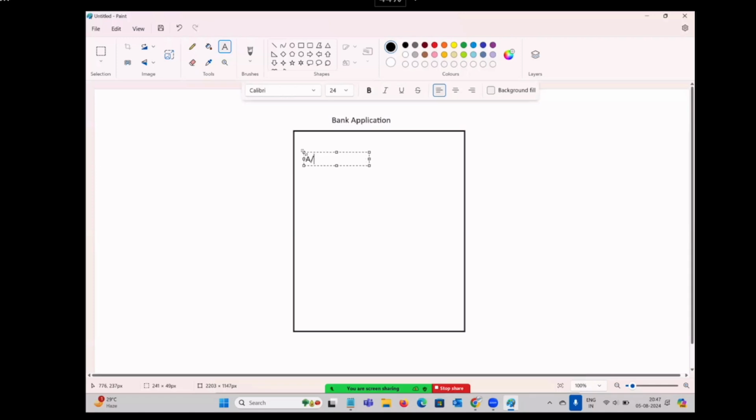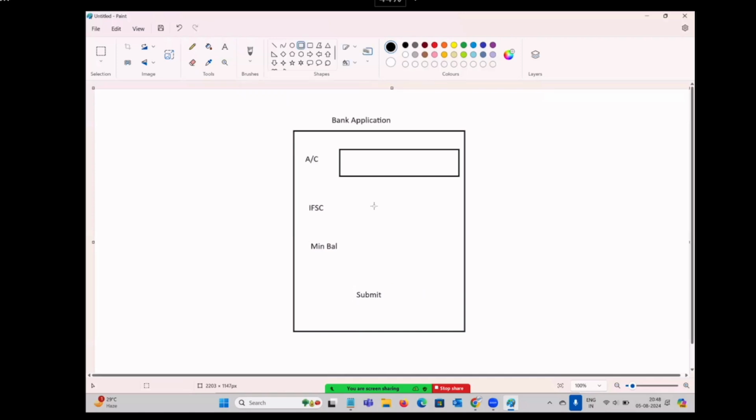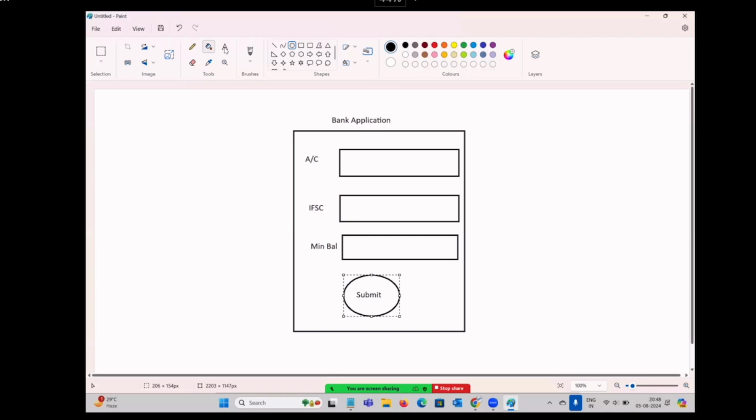Account number, IFSC code, minimum balance, and finally I can submit this. I'm just showing an example for exhaustive testing.